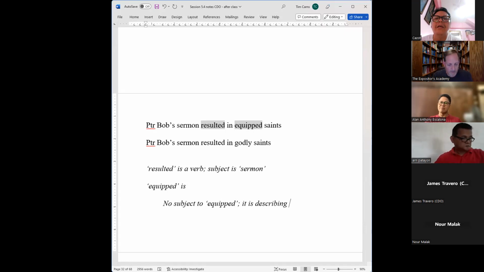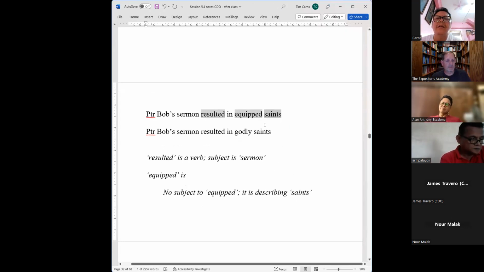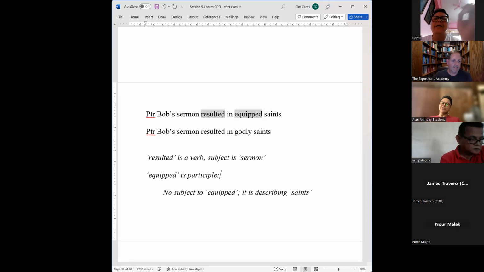So this is one that's a little bit harder because you have to sort of talk it out and think about, okay, what's it doing in the sentence? And here it's describing the saints. It's telling us something about the saints. So equipped here is a participle. All right, and it's acting like an adjective, Pastor Tim?